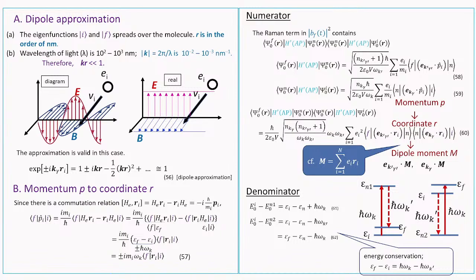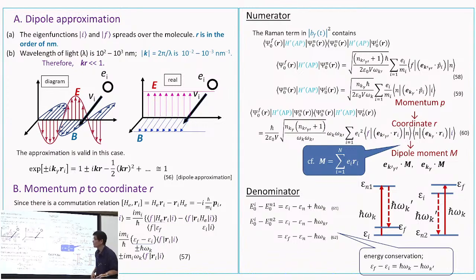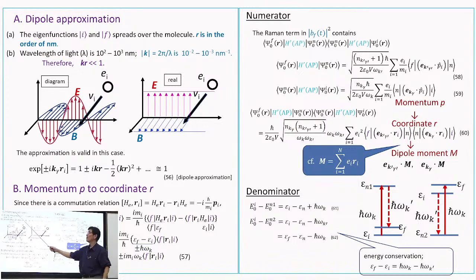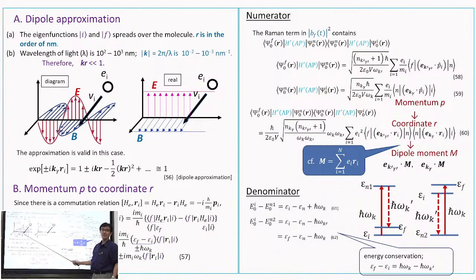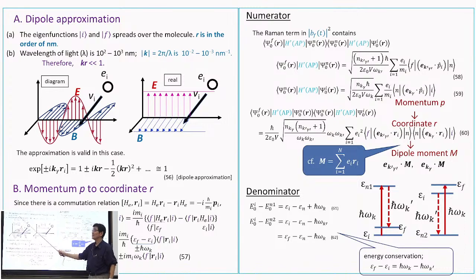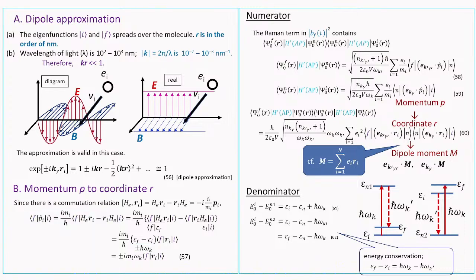So we can expect that the size of the wave function is nearly the same order as the size of the molecule. It's a function of R, the position vector, and the size of the molecule is in the order of a nanometer or 0.1 nanometer, small.